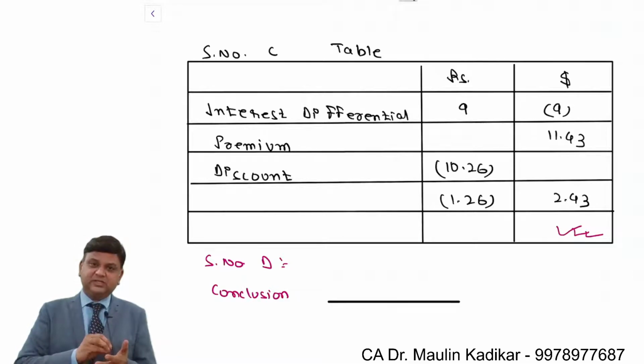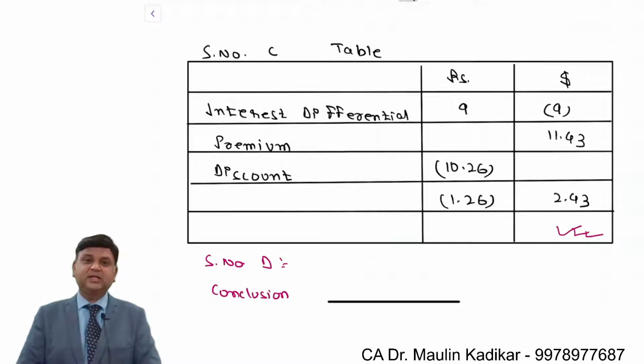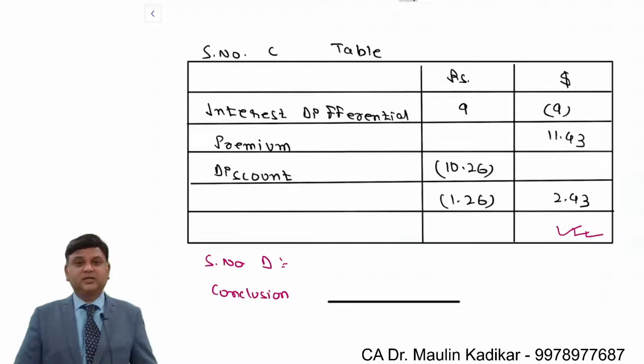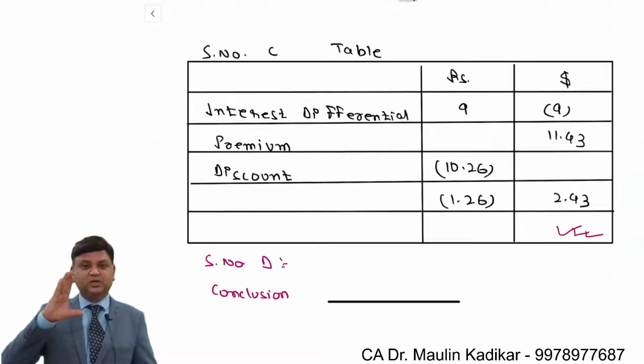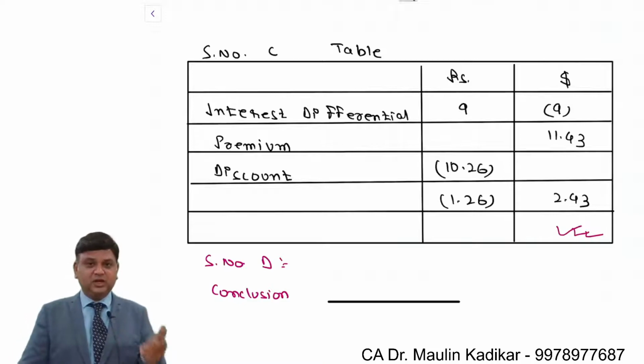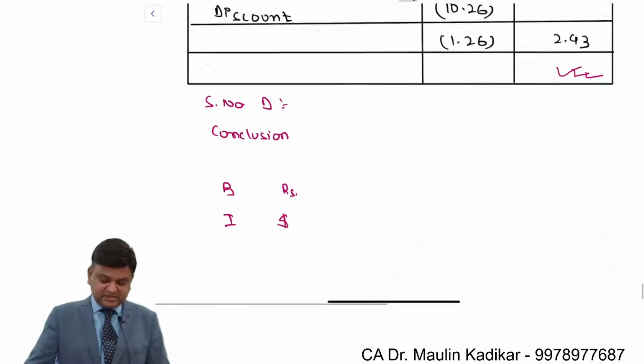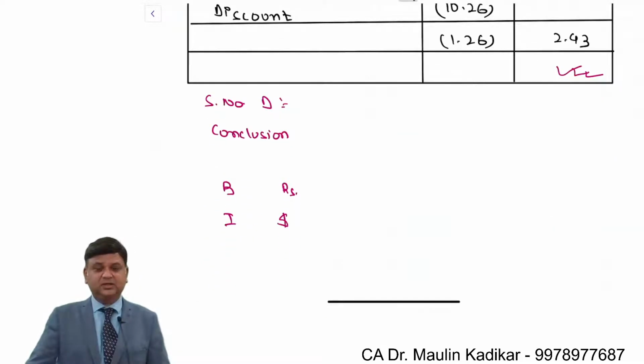If you invest in rupee, understand logically that you have an advantage of the interest differential. However, unfortunately, that currency is at a discount and the discount is more than the interest differential advantage. So you should not invest in rupee. You should invest in dollar because the premium of the dollar is exceeding the interest differential loss. That is the reason you should do like this.